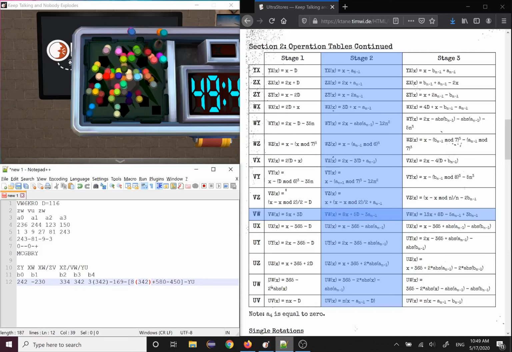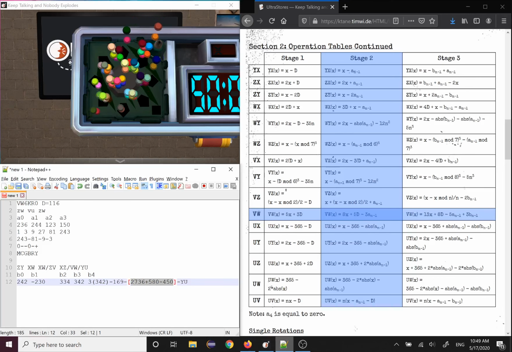And you can always do these with the calculator. 8 times 342, that's actually what I'm going to do with the calculator, in fact. 8 times 342 is going to be 2,736. Plus 580 minus 450 is equal to 2,866.